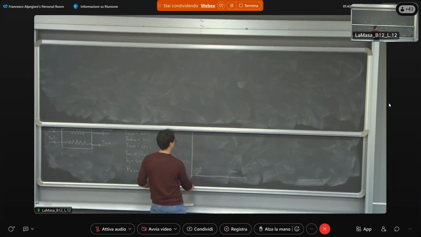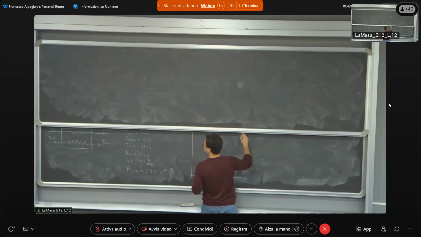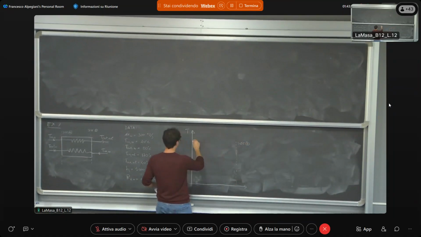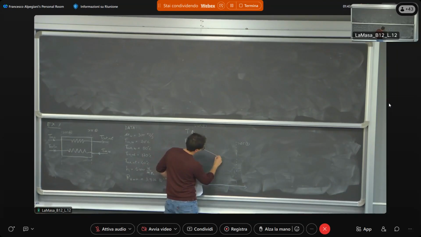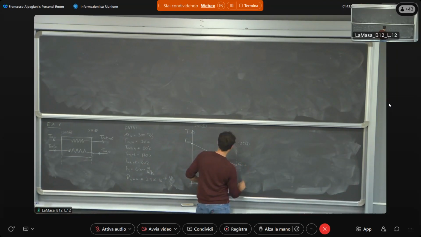Okay, so this is side B, while this one we can call side A of the heat exchanger. We will have the oil that enters with a certain temperature, T oil, and is cooled down up to the temperature T out of the oil.